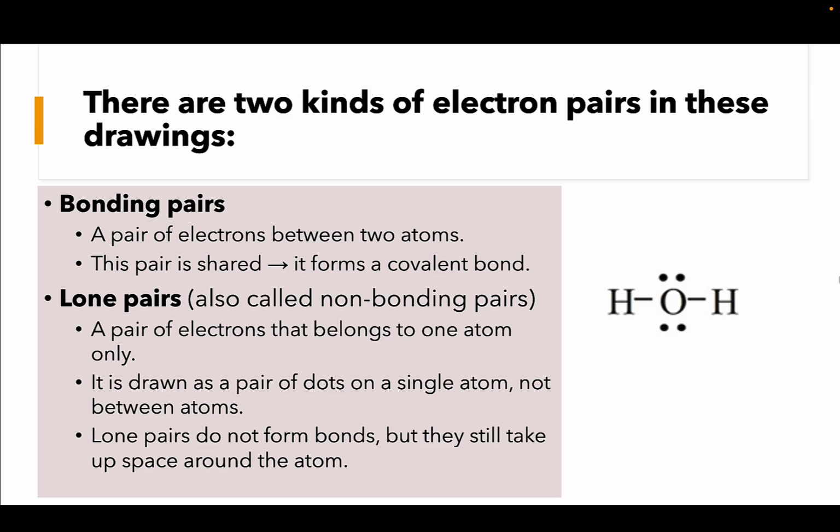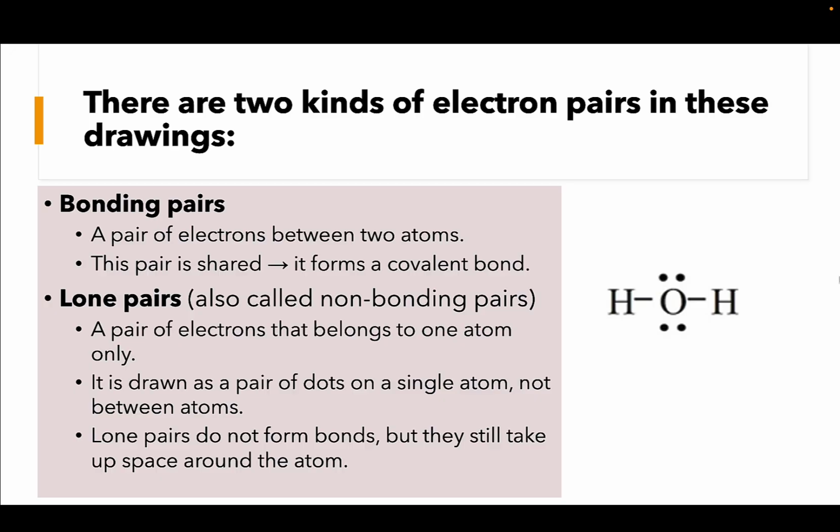Okay, to emphasize this picture of water, 2 types of electron pairs, and electrons really do like to live in pairs, whether they're in a covalent bond and paired, or they are all by themselves and they want to be paired. And so the bonding pairs are the covalent bonds. These are the lines. These are one atom's electrons sharing with another atom's electrons.